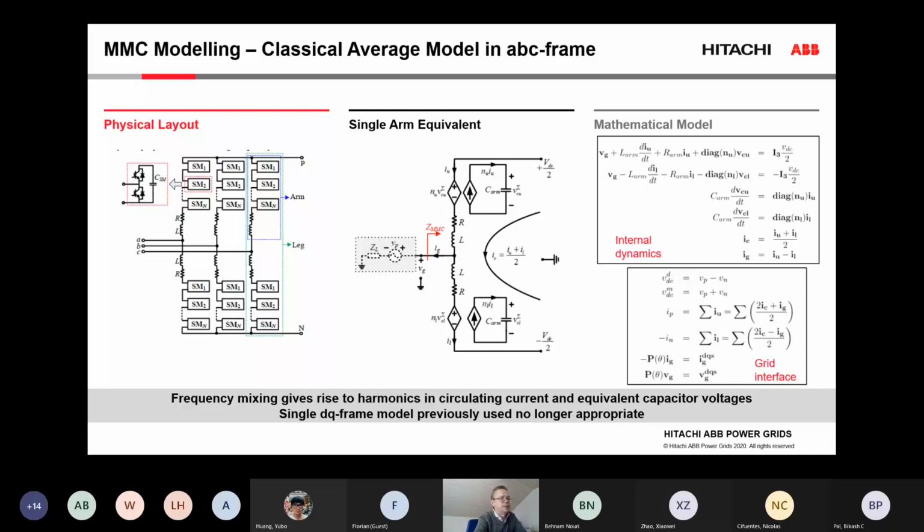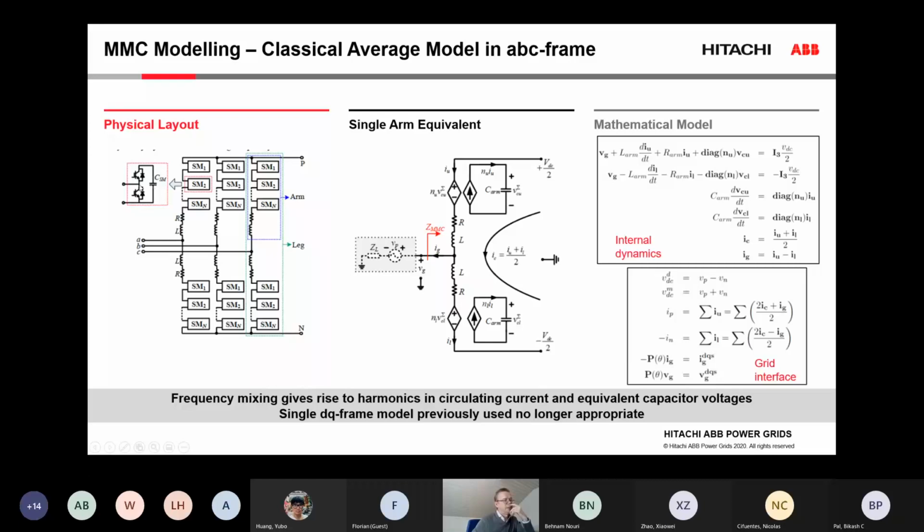So a modern HVDC converter is of multi-level type, and it means that it has a structure that you see to the left. We have a PCC or grid connection, some phase arm inductances, and then a stack of individual switching modules.